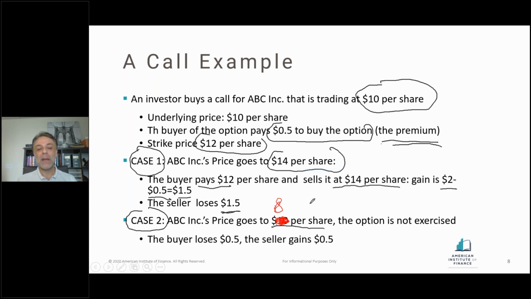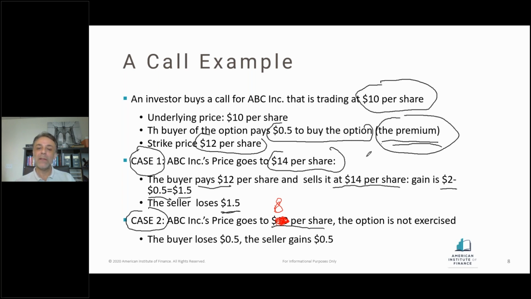So if that happens, basically, you're not going to exercise your call, right? It makes no sense if the price stays at 10, or it goes to 8, or it goes to 7, right? So it doesn't make sense for you to do anything. You're not going to exercise your call, right? So therefore, you are going to lose the 50 cents that you paid initially, right?